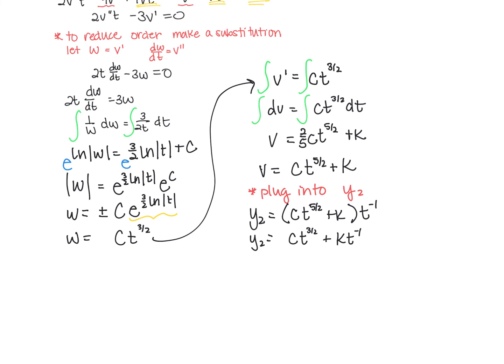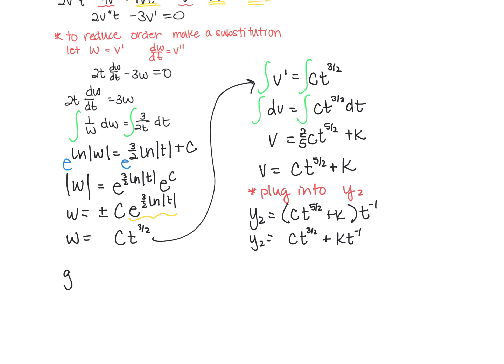Okay, but now, the question asked me to find what? The general solution. Remember, the general solution is the superposition of y1 times some constant plus y2 times some constant. We know y2. We also know y1 because that was the original problem.